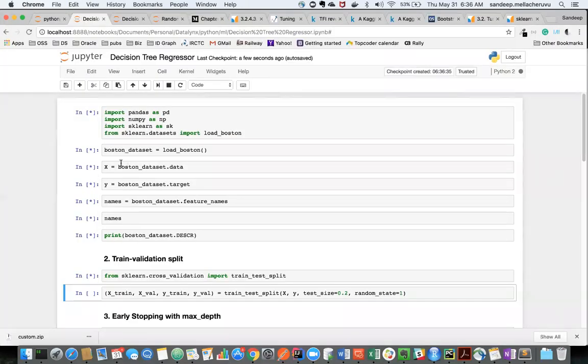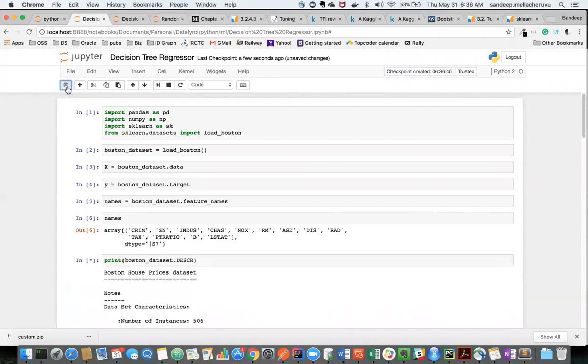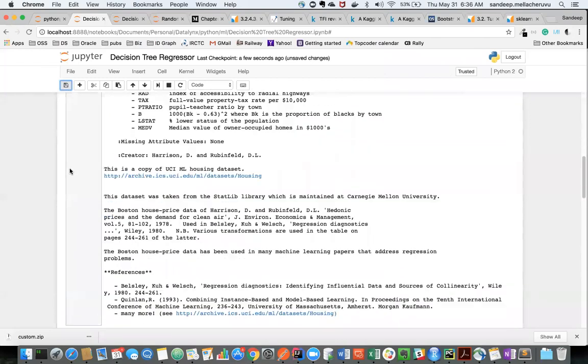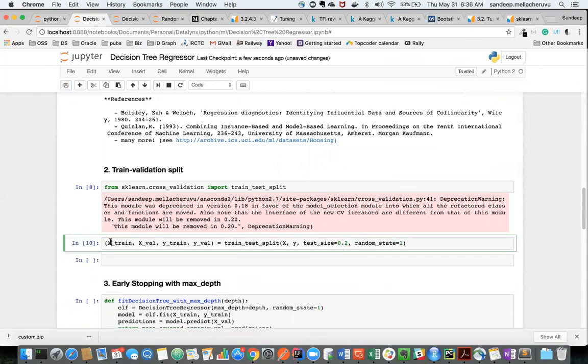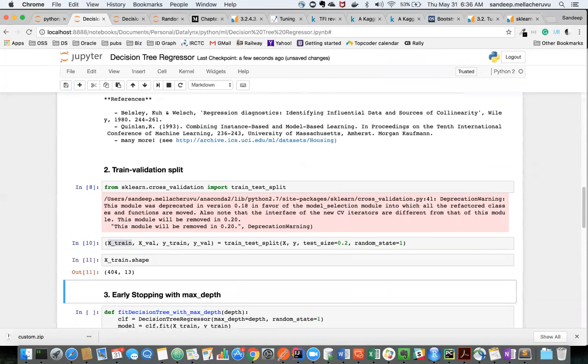One second. Let it run through. Let's run through all of this. So if you use random state equal to 1, the shape shows it is 404 records.